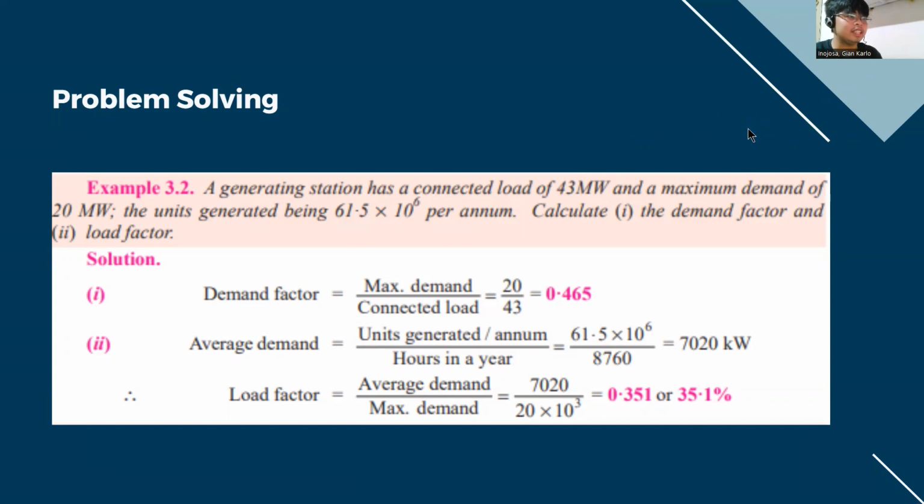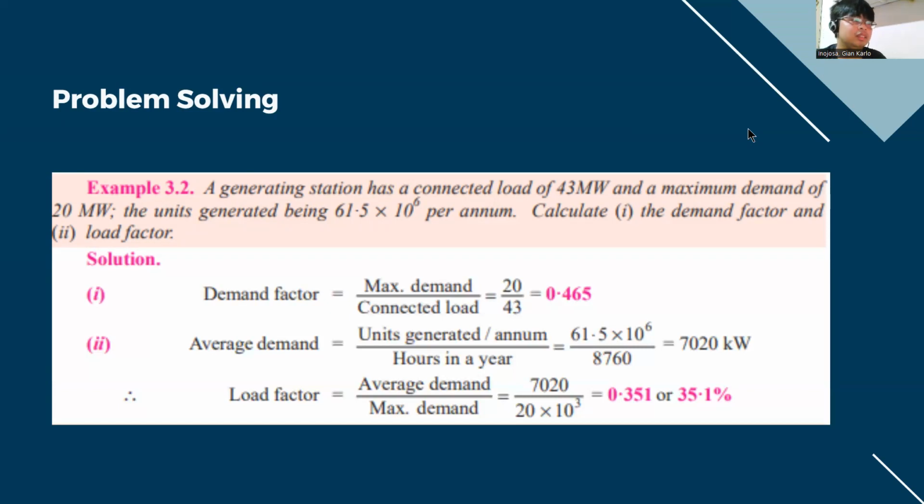So, as I discussed earlier, demand factor is equal to maximum demand over connected load. Substituting the given, 20 megawatts over 43 megawatts is equal to 0.465.